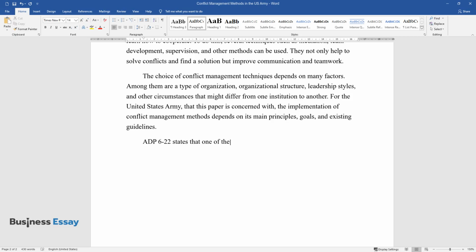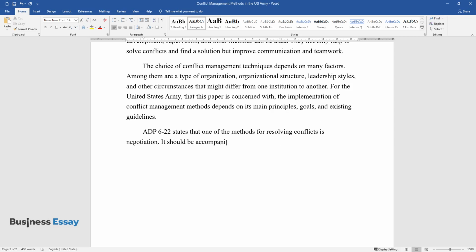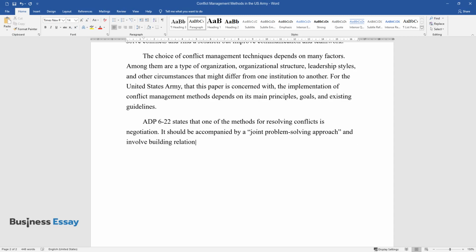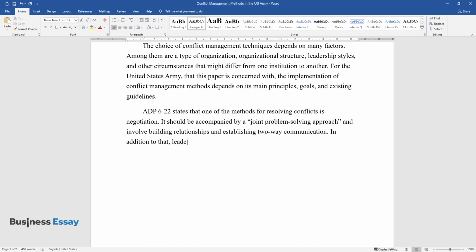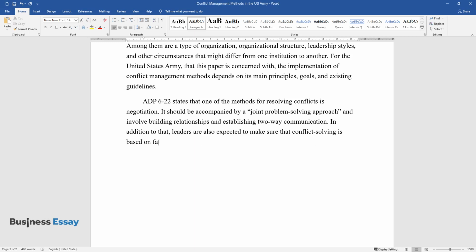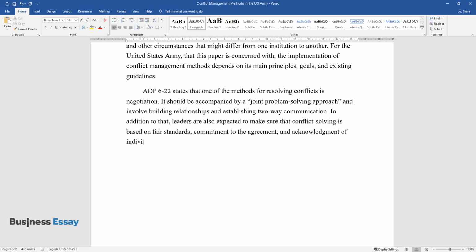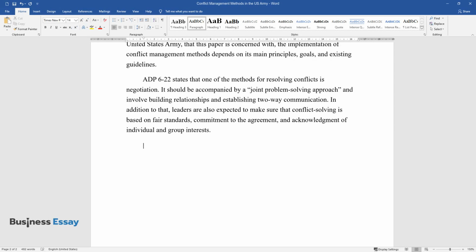ADP 6-22 states that one of the methods for resolving conflicts is negotiation. It should be accompanied by a joint problem-solving approach and involve building relationships and establishing two-way communication. In addition to that, leaders are also expected to make sure that conflict solving is based on fair standards, commitment to the agreement, and acknowledgement of individual and group interests.